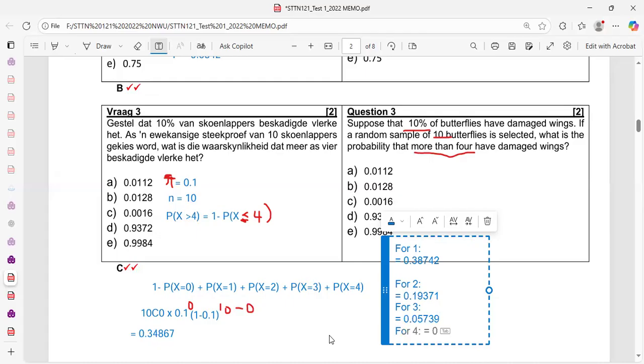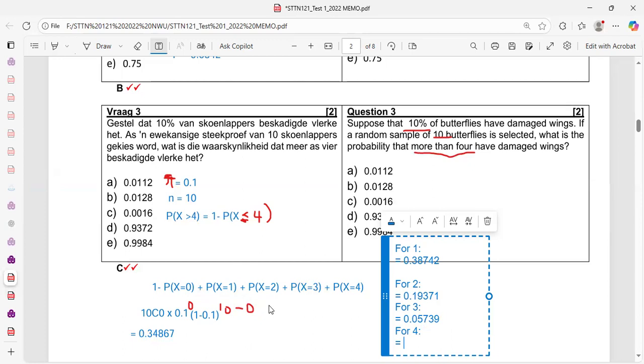For 4, it's not difficult, you just need to understand the question. Same formula, 10 combination 4, 0.1 to the power 4, 10 minus 4. I remove that one and put 4.